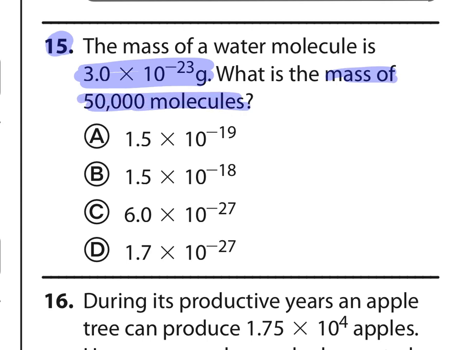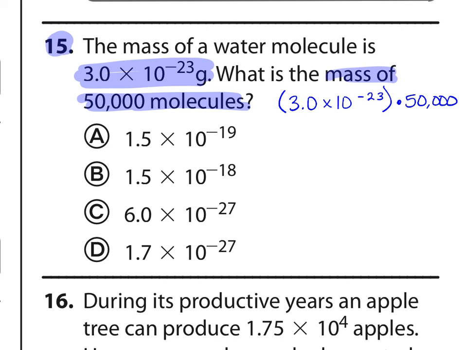So this problem, ignoring the scientific notation part, let's just think. If we knew the mass of a water molecule was 1 gram and we wanted to know the mass of 50,000, we just multiply by 50,000. We're doing the same thing here. We're going to take the mass of 1, 3.0 times 10 to the negative 23rd grams, and we're going to multiply by 50,000 because there's 50,000 molecules.